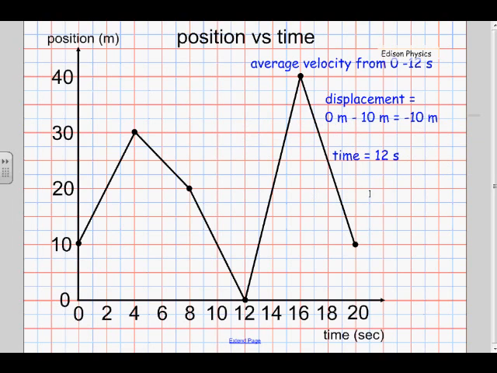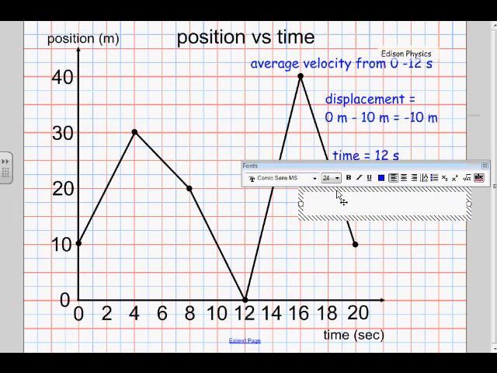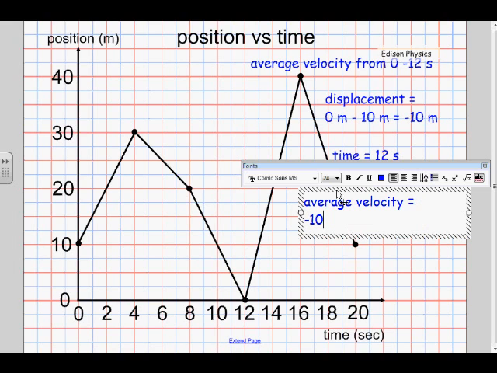So my average velocity is going to be negative 10 meters, divided by 12 seconds. All right, and I need a calculator to find that number.